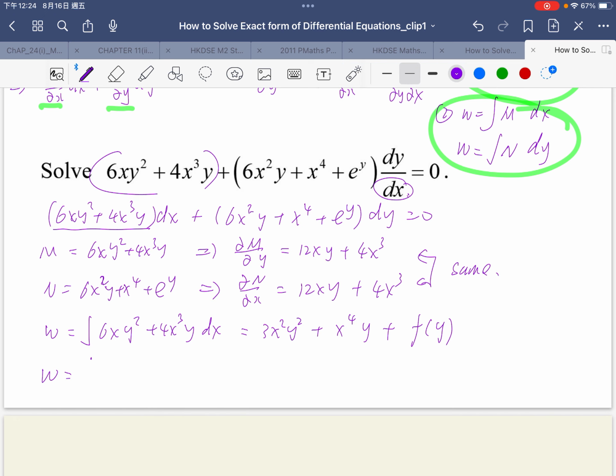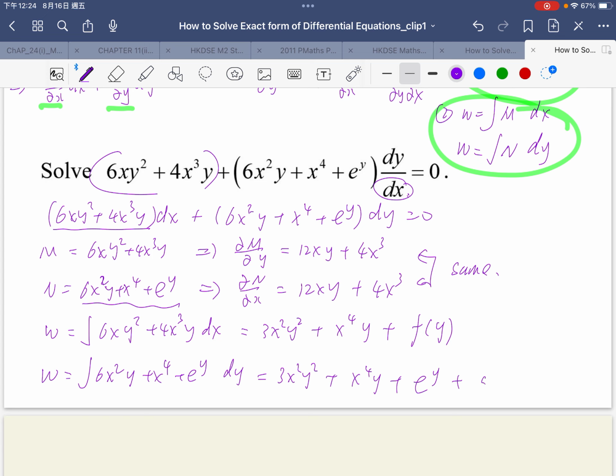Okay. Then on the other hand, we can calculate W by using N. By using this function, integrate this function with respect to dy. And this is 3x squared y squared. The second term is x to the 4 times y.